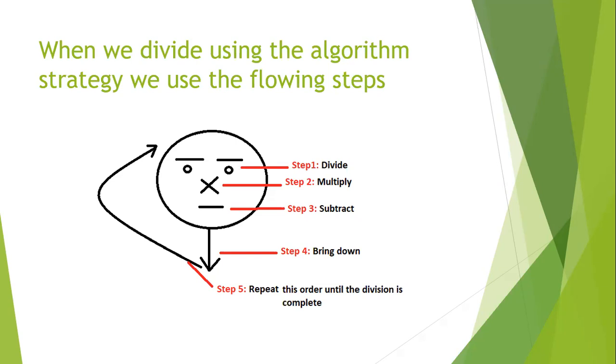So we have to do 3 steps first, then bring down the next digit to repeat these steps. I just drew this funny face to show you how we do the steps. First, divide, the eyes mean divide, then this is multiply, and this is subtract. Then we bring down the next digit and repeat the steps. Let's see how.